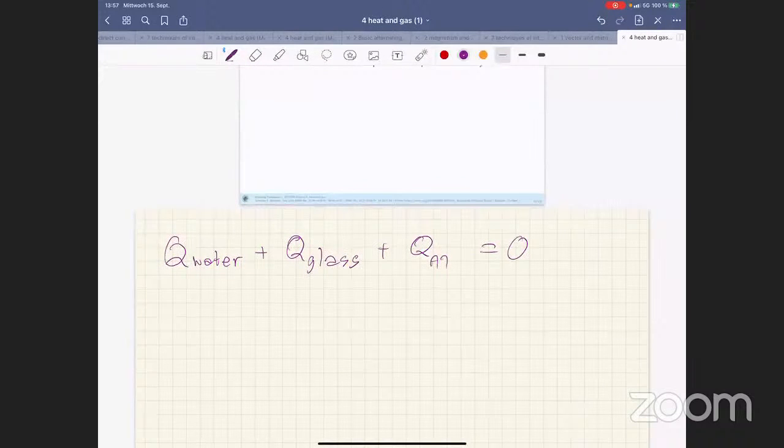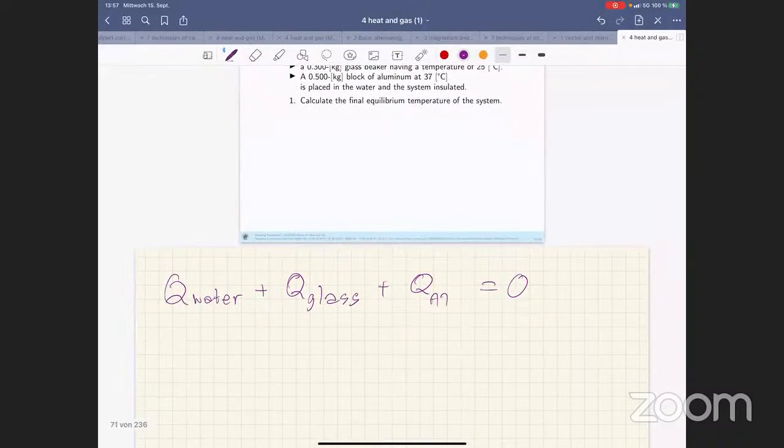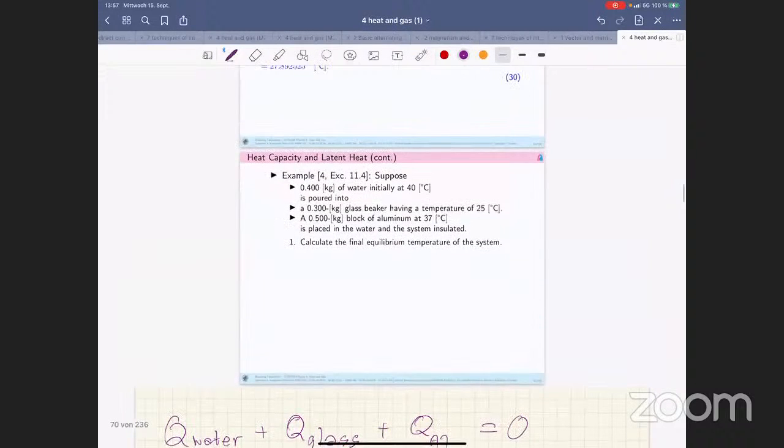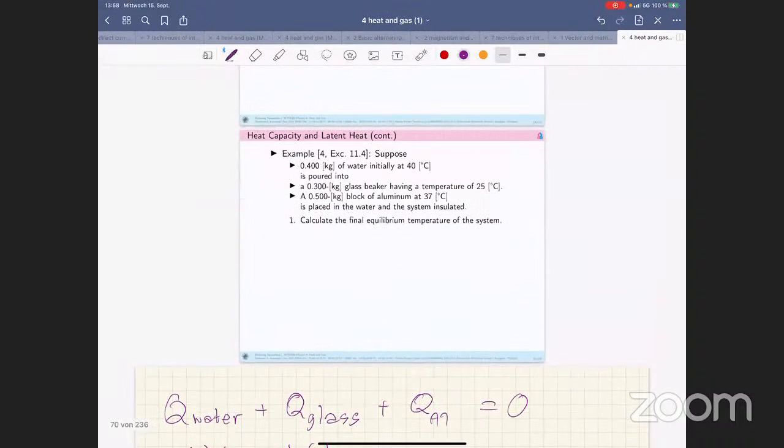And the heat of water is M, right, 0.4 kilogram, and MC, right, C is 4190, and the temperature change is TF minus 40.